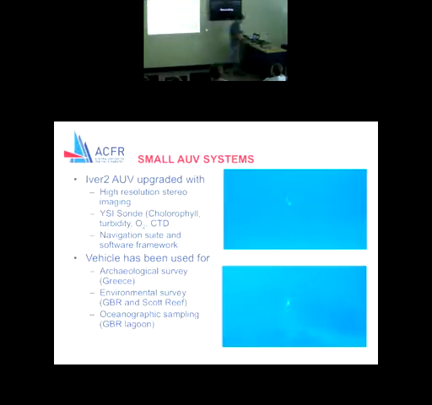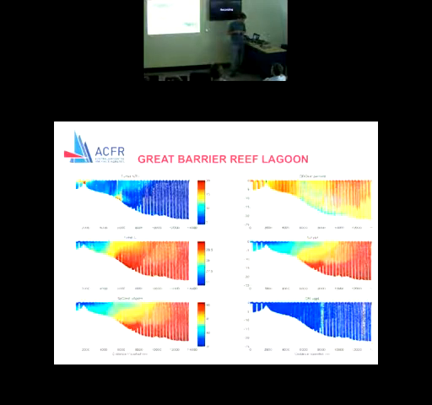We've used this on a number of occasions. One of the things we've done offshore here, this was in the Hinchinbrook Channel, so we've swum the vehicle right up into the foreshore, about 2 meters of water depth. And then it swam glider-like transects, basically tow-yoing through the water column, taking measurements with the sonde.